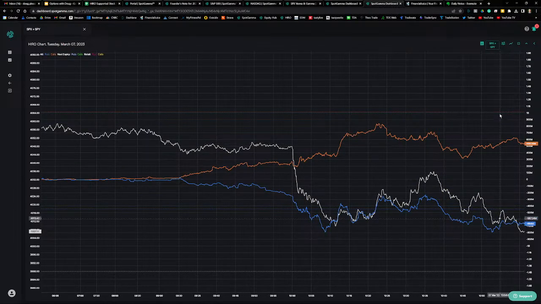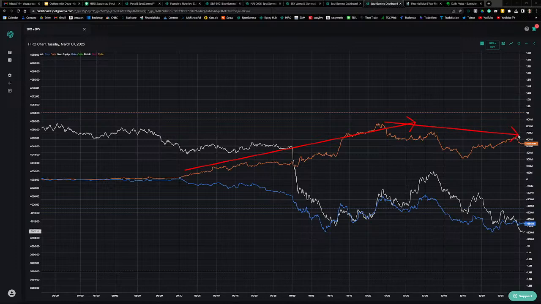No, it didn't mess with the zoom. So here traders started buying calls up until about 10:25. Then that levels off. They were buying puts initially, sold puts briefly, then started buying puts.